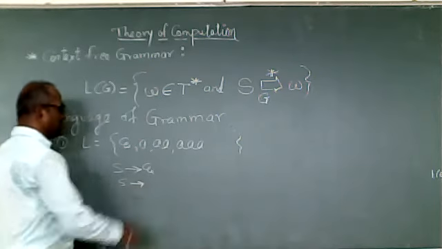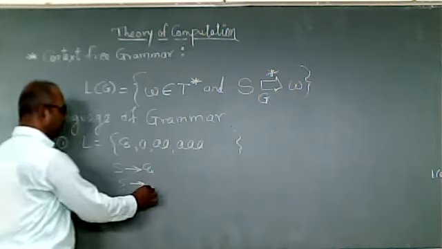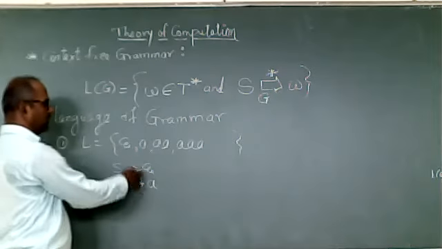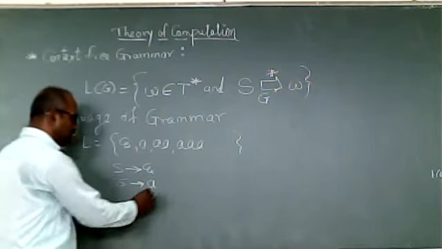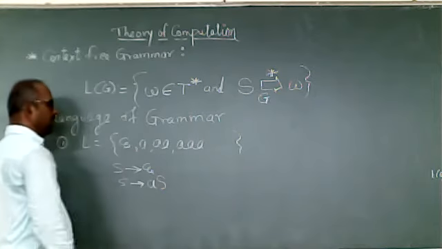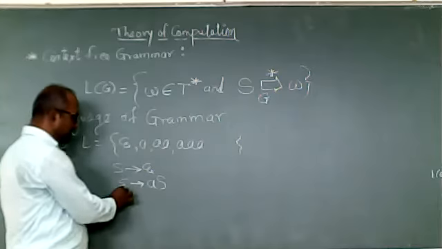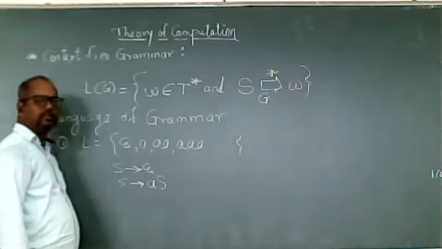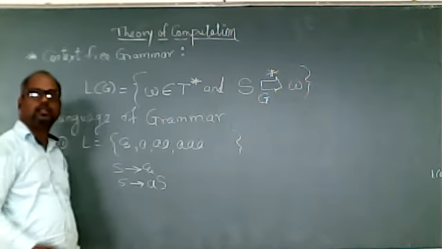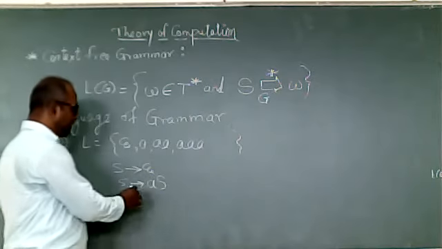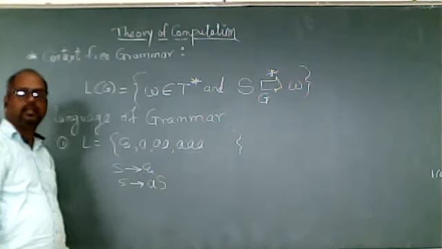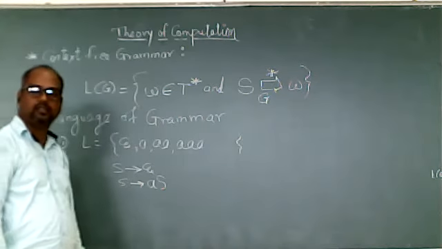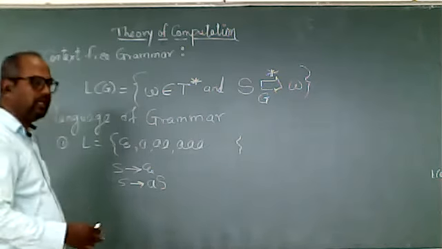Now the second production, what I can add is A. Now any number of A's, so I can write AS. This left hand side variable I am again writing on the right hand side. This is called recursion. If the left hand side variable comes at the right hand side, it is called recursion. Recursion means calling itself.